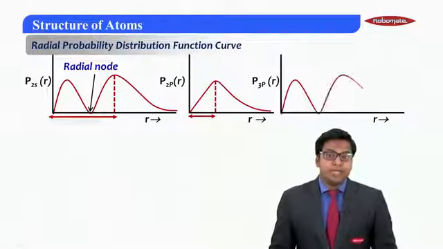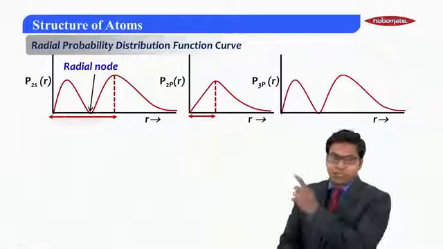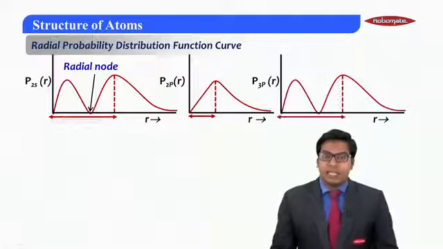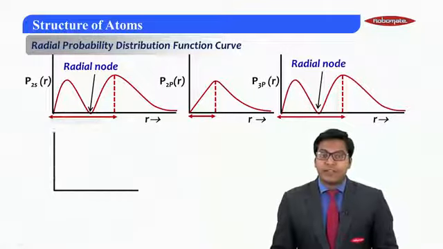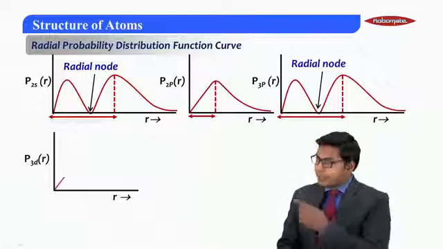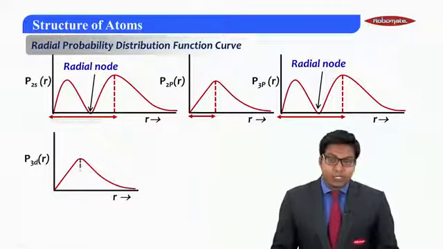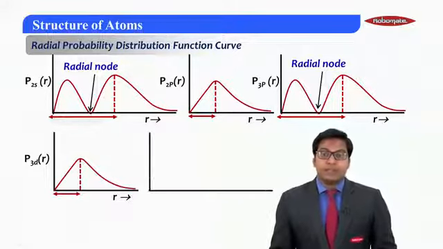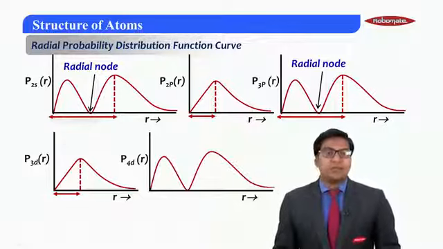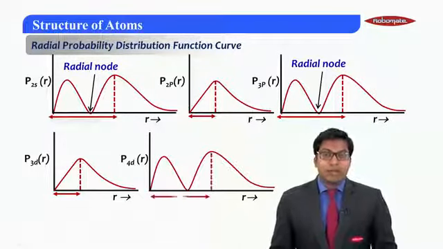Similarly, for 3p, you would see it is quite similar to that of 2s, with a radial node here. And if I draw it for 3d, again you would see it is quite matching that of 1s and 2p. Similarly, if I draw it for 4d, you would see the graph is quite similar to 2s and 3p with one radial node.